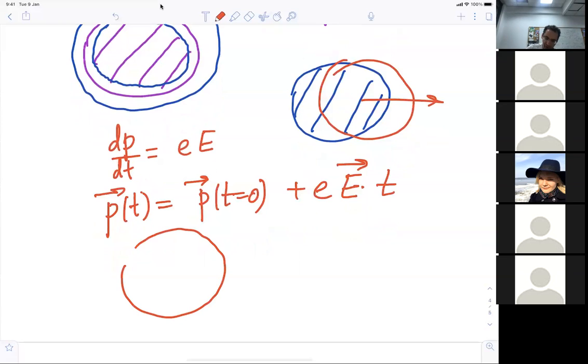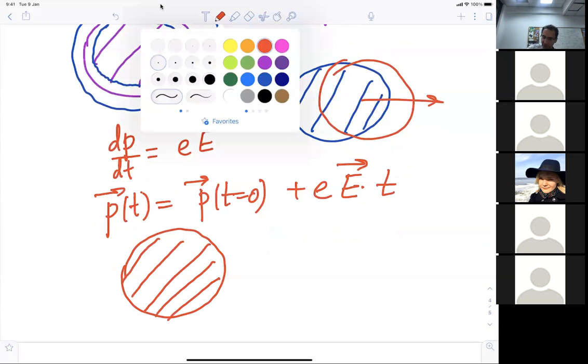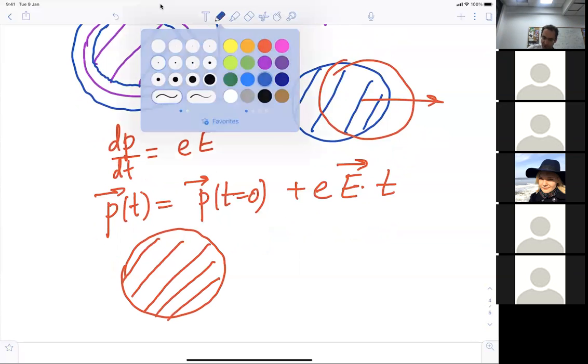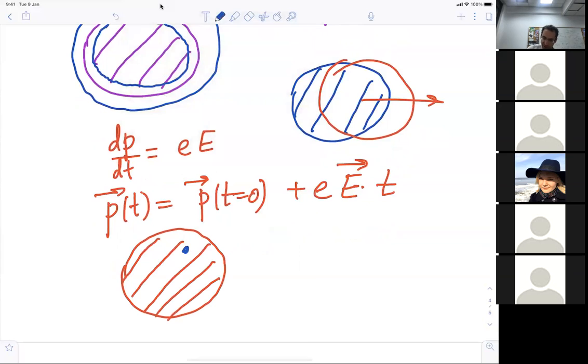circle. These are the states with the momentum that are filled in. Now let's take a particular state inside the surface. So let's have a state with the momentum which corresponds to this blue dot.